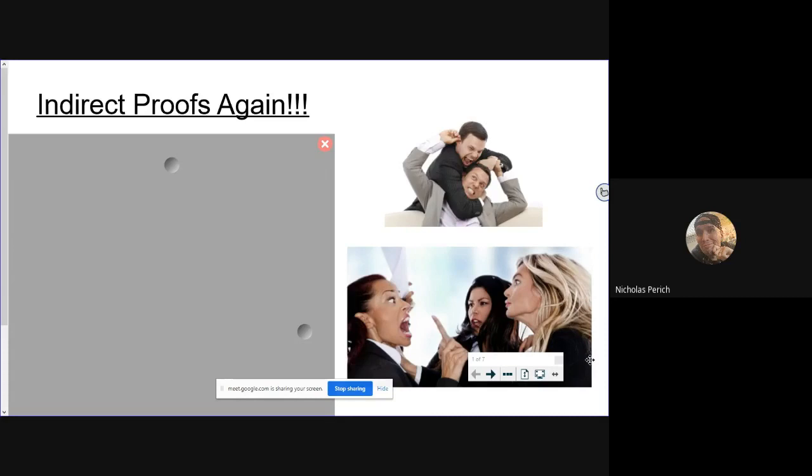This is how I view indirect proofs. You're going to see something like: the carpet store that Stewart Middle School uses only has blue carpet.